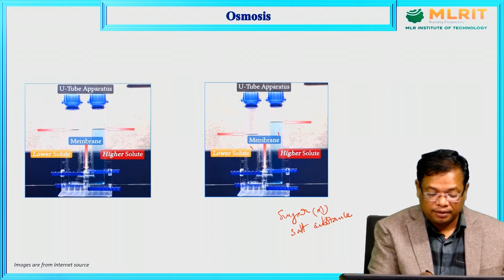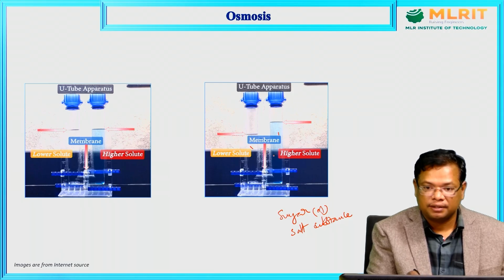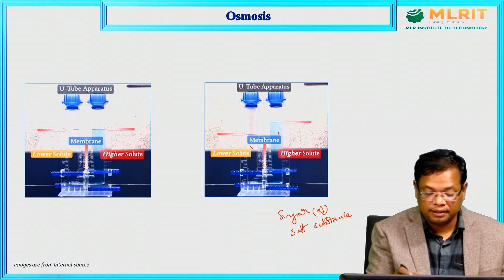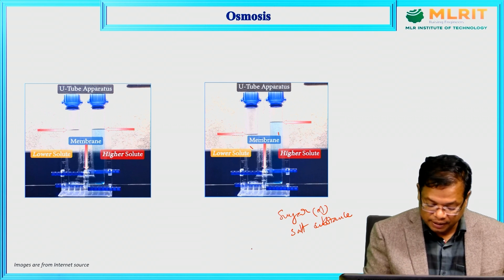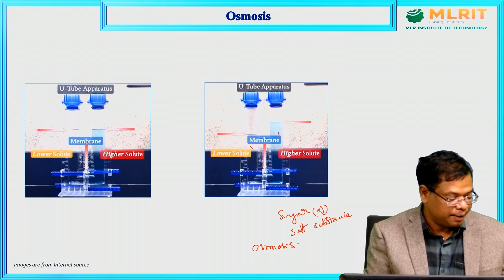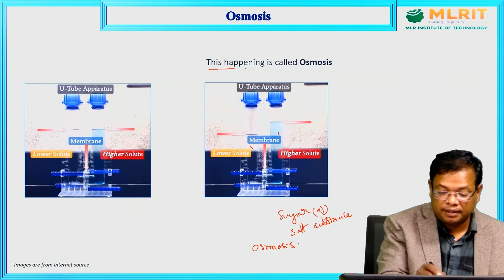This is the flow of solvent or water from lower concentration towards higher concentration. This is called osmosis. This is happening because of the osmosis process.